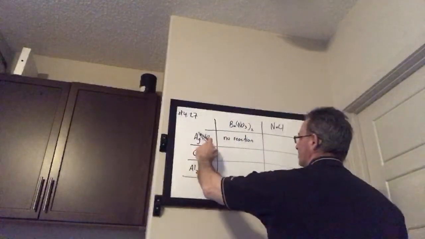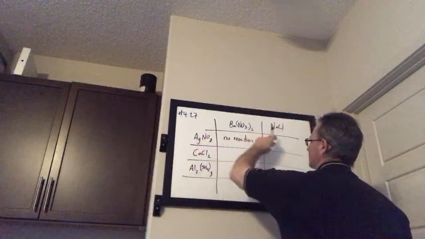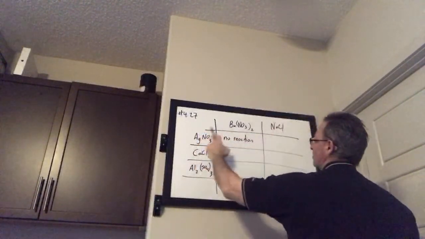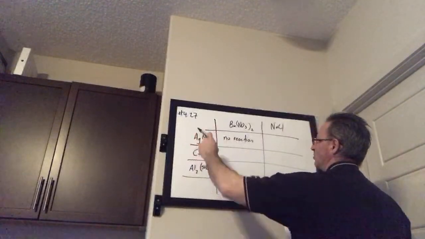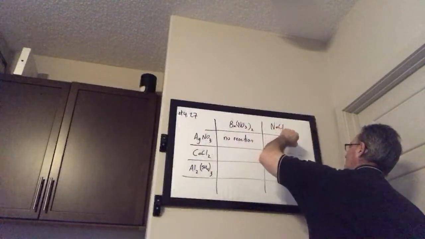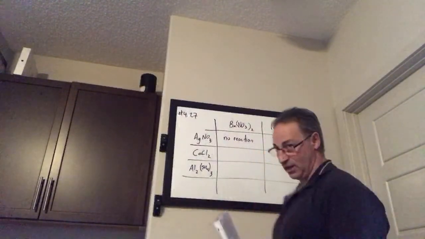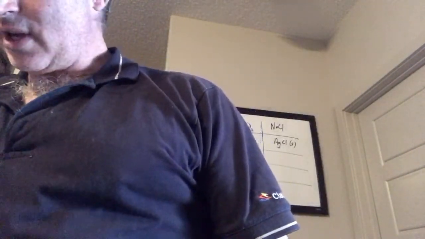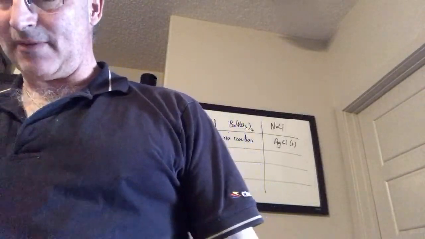But if you mix silver nitrate with sodium chloride, then the sodium is going to combine with nitrate. That's still soluble, but silver and chloride, you're going to get a silver chloride precipitate, because silver chloride is very insoluble in water, and you can look it up on any solubility table. Chlorides of silver are not soluble, so it will form a precipitate.